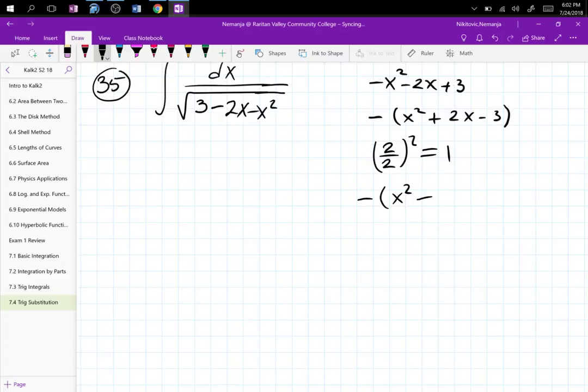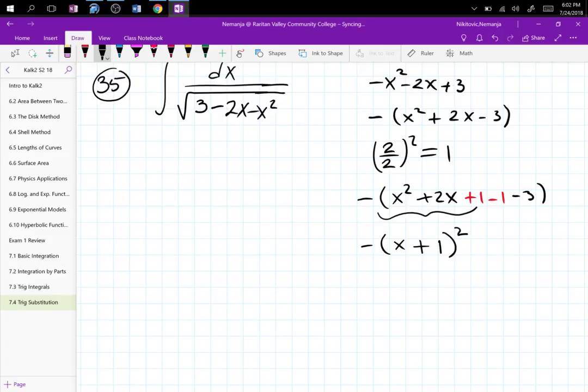That's the number that we add and subtract within parentheses. So I have plus 1 minus 1 to complete the square, and I still have minus 3. Now the first 3 terms give me a completed square: the square root of the first, sign of the second, square root of the third, everything squared.